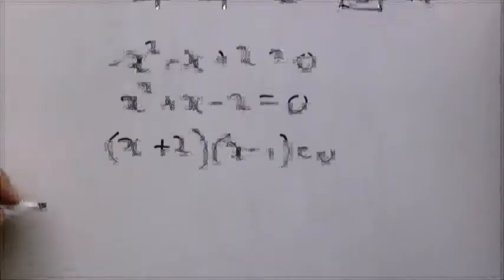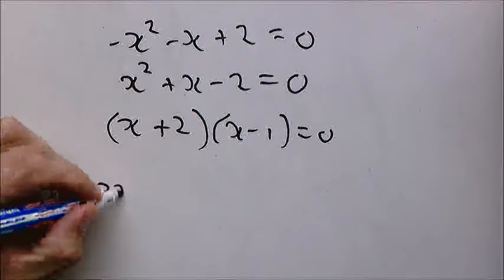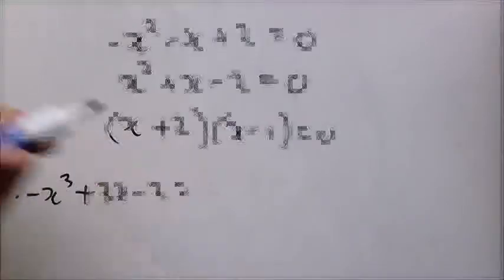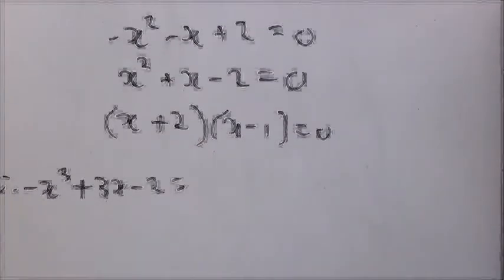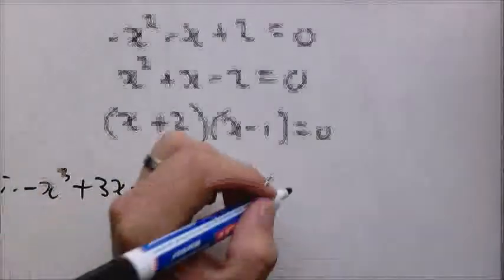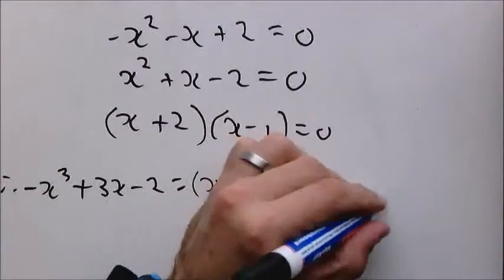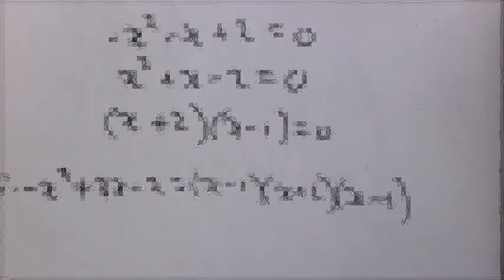So this then means that negative x cubed plus 3x minus 2 is equal to, from the first factor, x equals 1, that means x minus 1 is a factor, so it's x minus 1 times x plus 2 times x minus 1. And now you see that we've got two roots that are exactly the same. The moment you see that, you know that the turning point is on the x-axis. That's immediately what you can get from this.